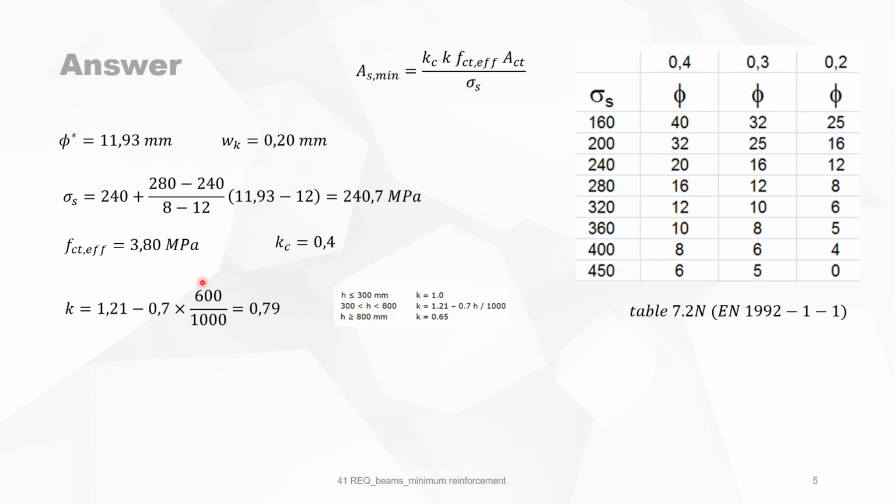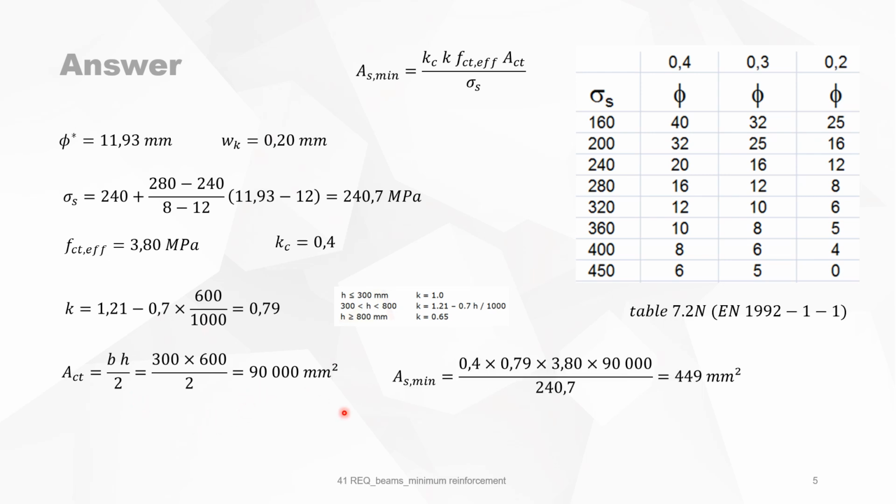Then you have the scale factor, k, which is an interpolation between 1 and 0.65. So it's 0.79 for the depth of 600 millimeters. And the concrete section in tension for simple bending is half the section. It's 90,000 square millimeters.